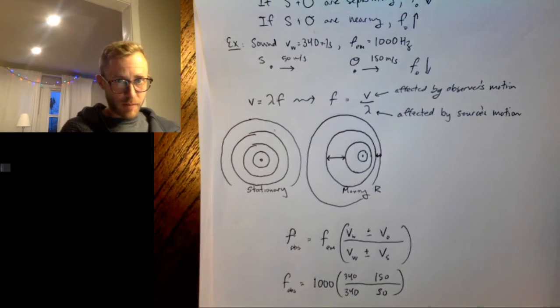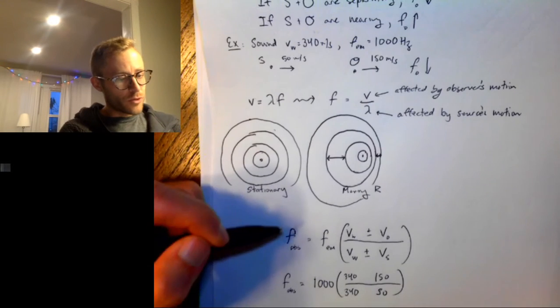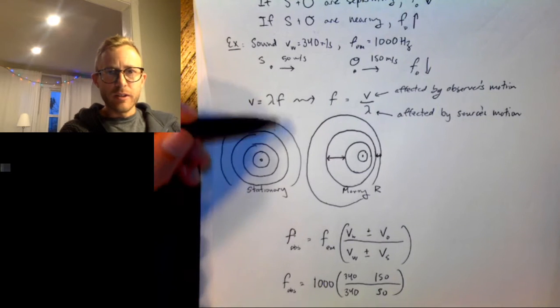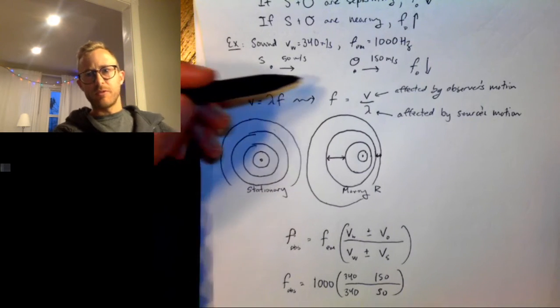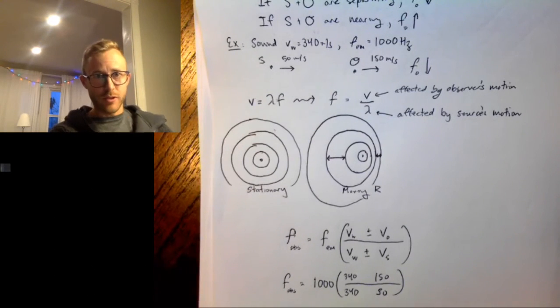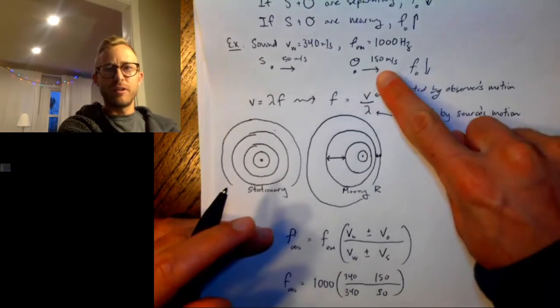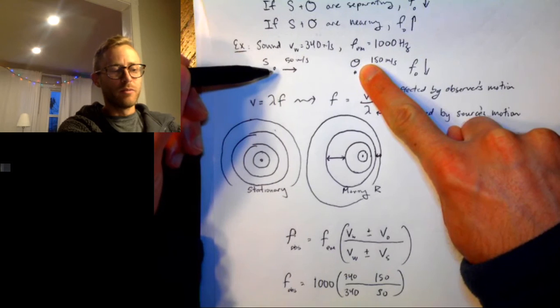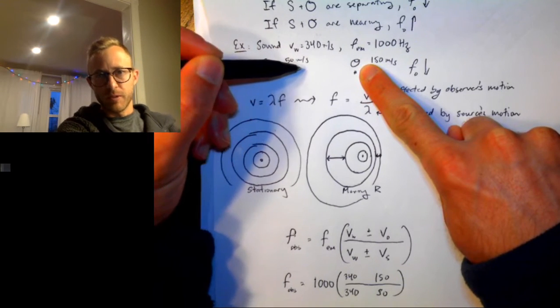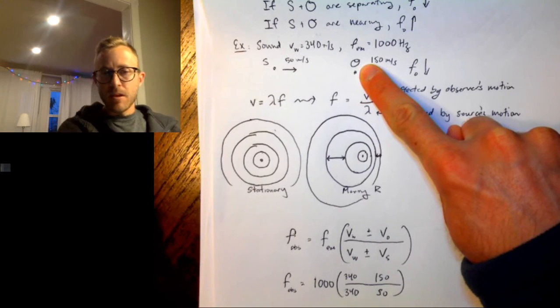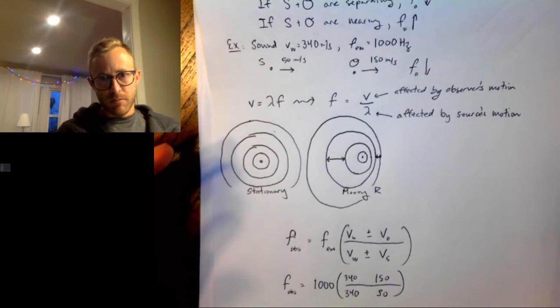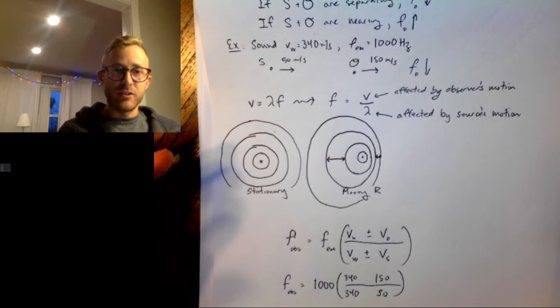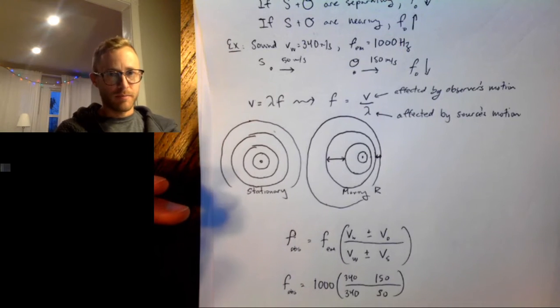So let's think about it. The source is moving closer to the observer. So let's imagine that the observer was not moving. The source is moving towards the observer. That motion by itself would tend to shift the frequency up.